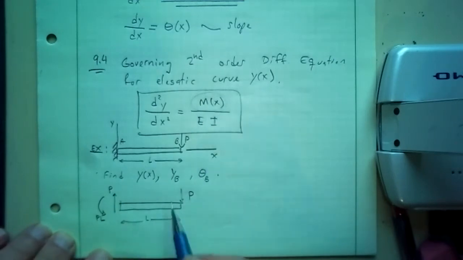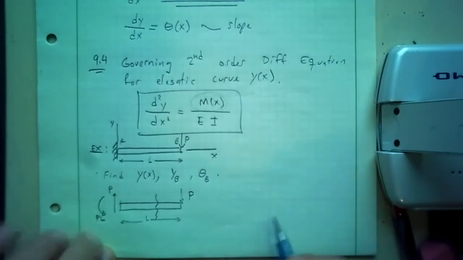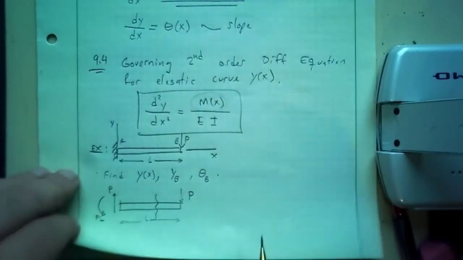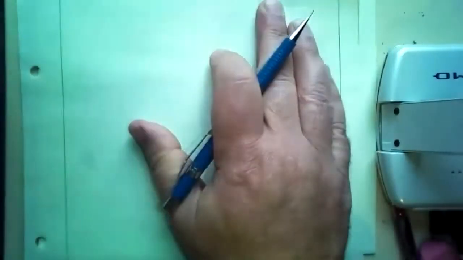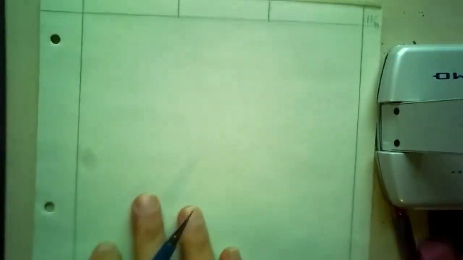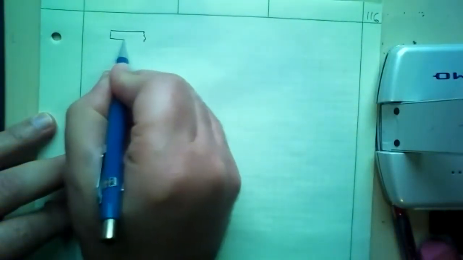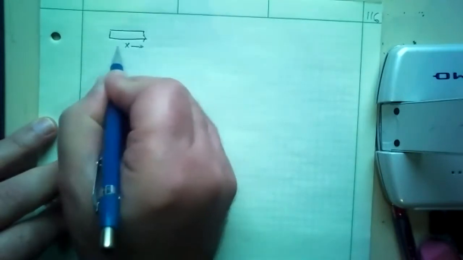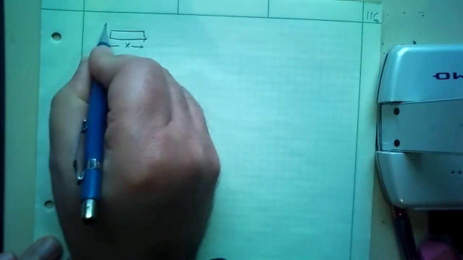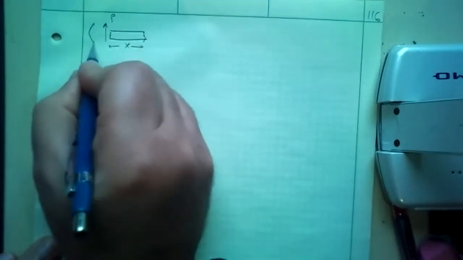So I need to find out what that is. To do that, I'm going to section this at some length X. And at this end, I have the P and PL, which is the moment.